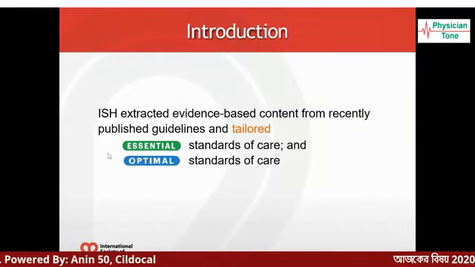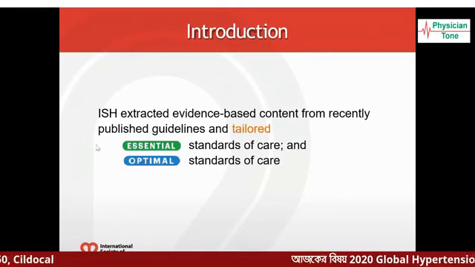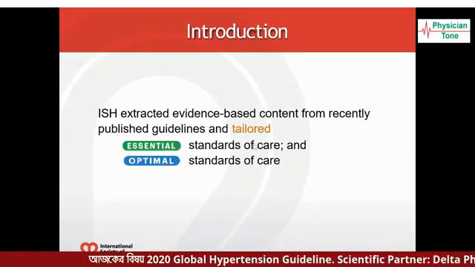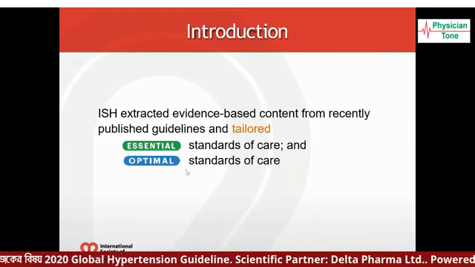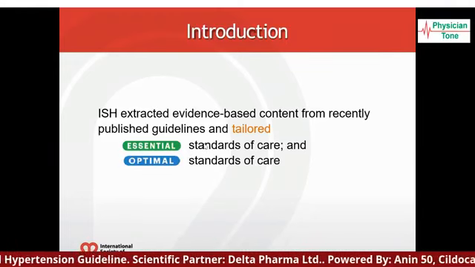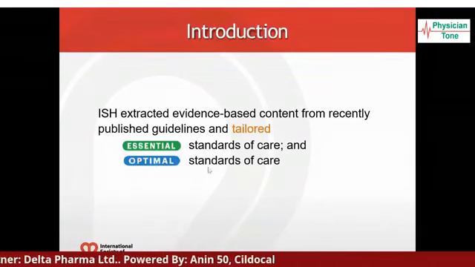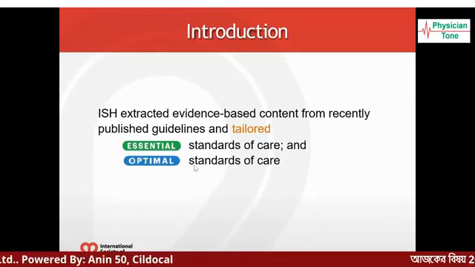Two important concepts the 2020 guideline introduced are essential standard care and optimal standard care. Essential standard care means the minimum that one can afford, and optimal is the standard recommendation that could be done.